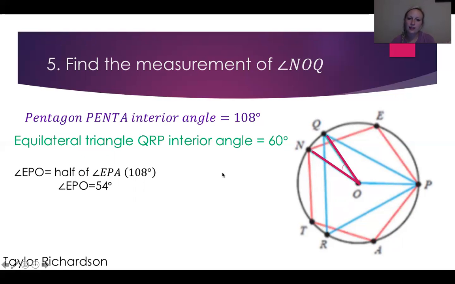So we know that angle EPO right here is going to equal half of angle EPA because O goes right down the middle of angle P, and we know that angle EPA is part of the pentagon, which is 108 degrees. So EPO is going to be half of 108, which is 54.